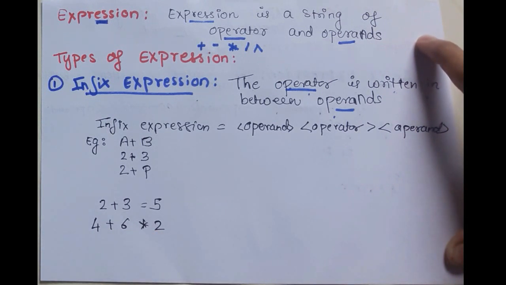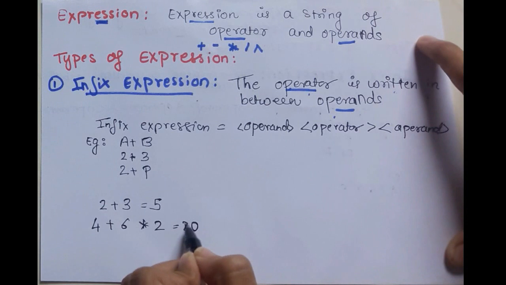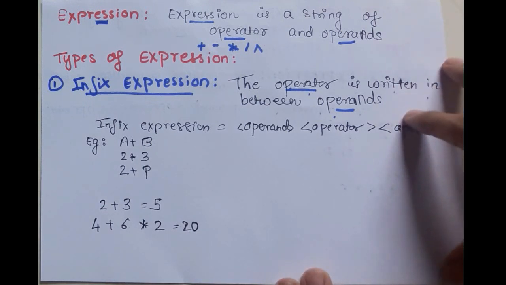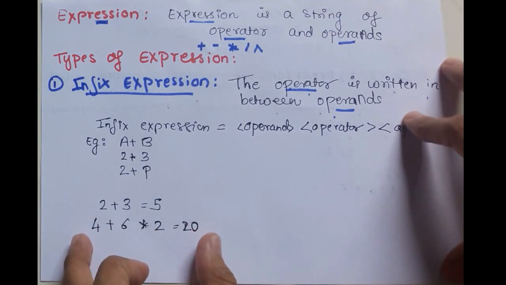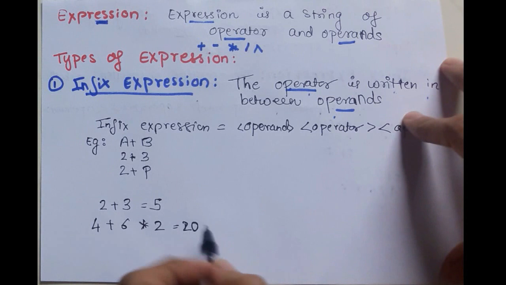So if we first perform addition, 4 plus 6 is 10, and then multiplication, the answer will be 20, isn't it? But if we remember our high school mathematics, this is not the correct way to perform this expression, isn't it?